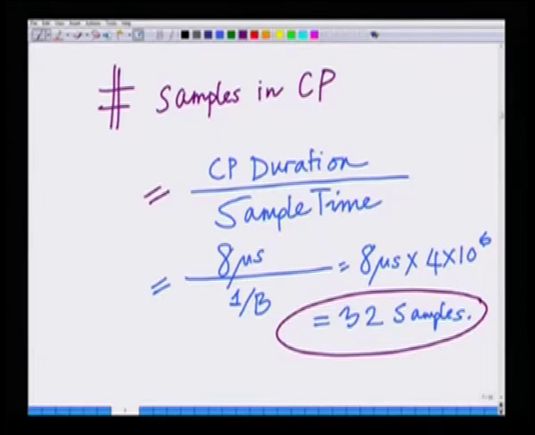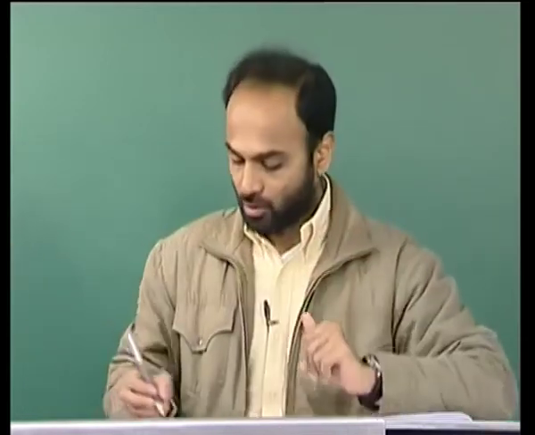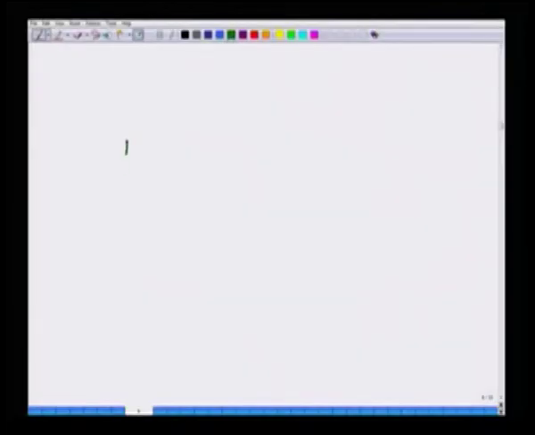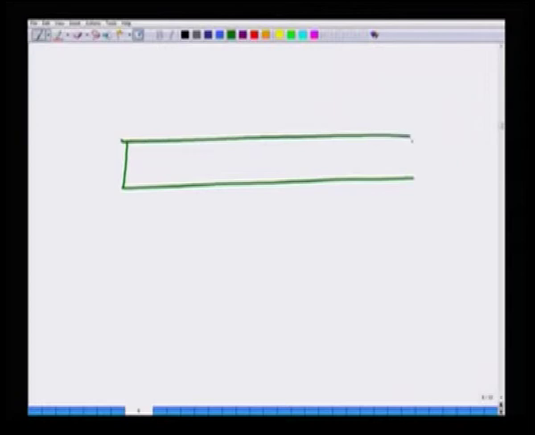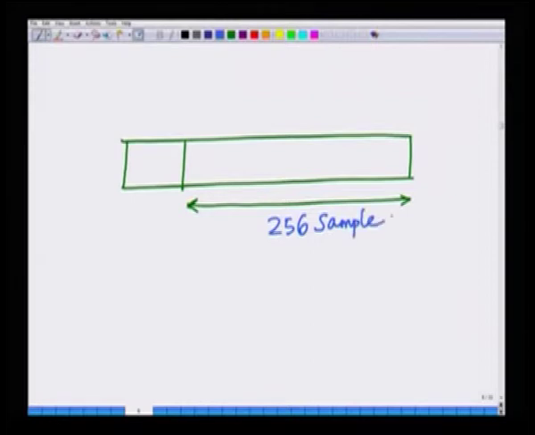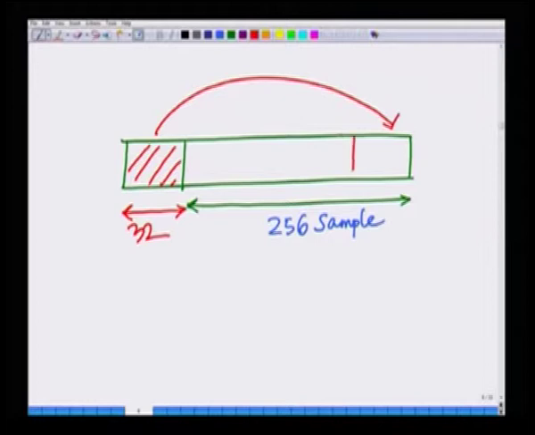We know that the OFDM symbol without the cyclic prefix contains 256 samples, that is the size of the IFFT. We add 32 samples of cyclic prefix. So, again drawing a similar figure, this is the 256 sample OFDM symbol. What we are doing here is adding 32 samples of cyclic prefix, and these are taken from this part.